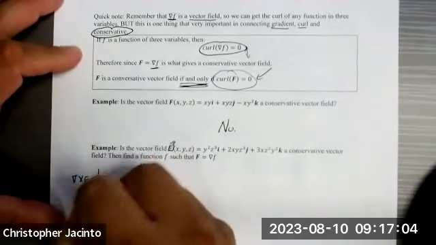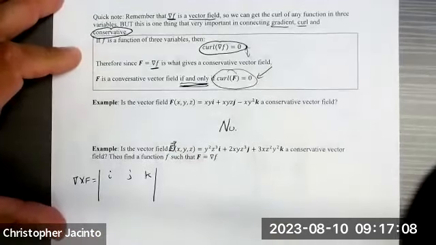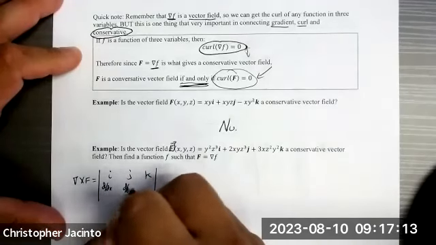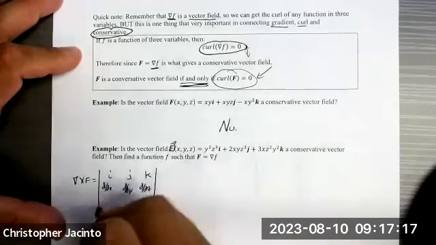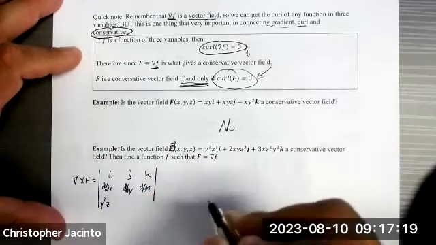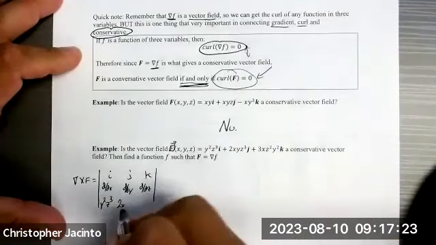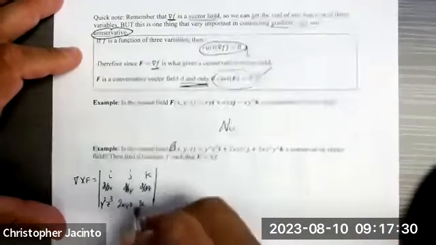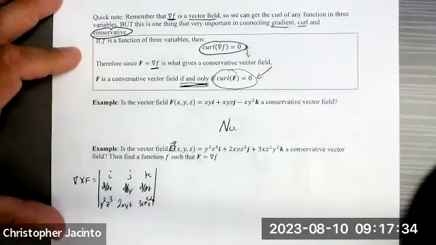Let's find the curl of this vector field. We'll run out of space here. There we go.